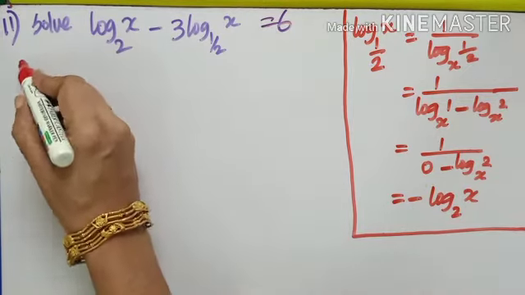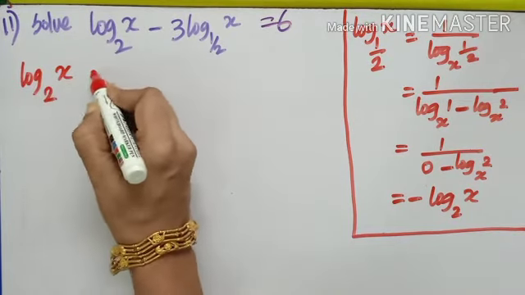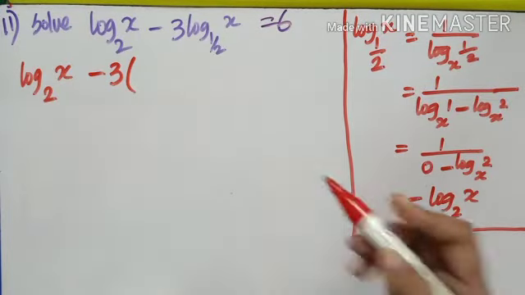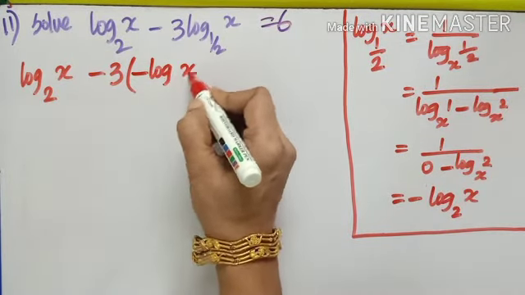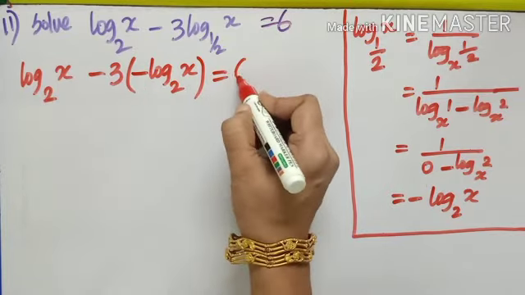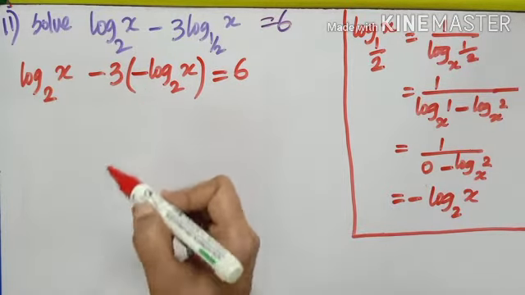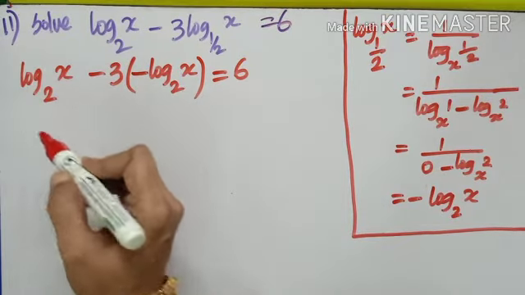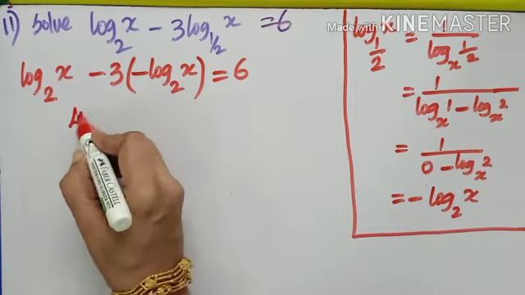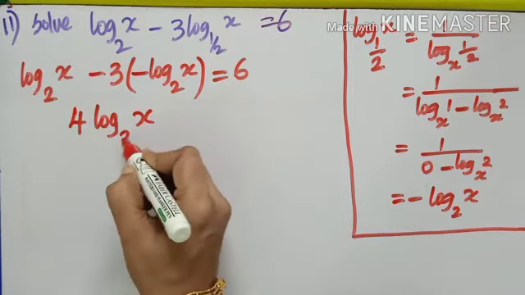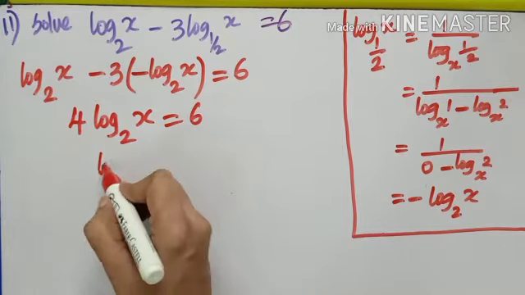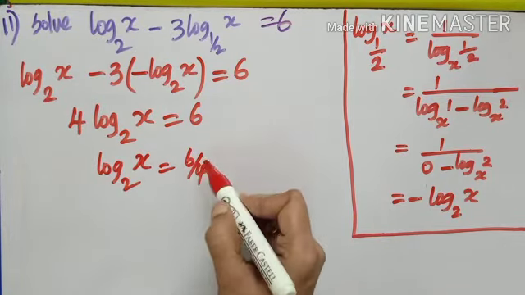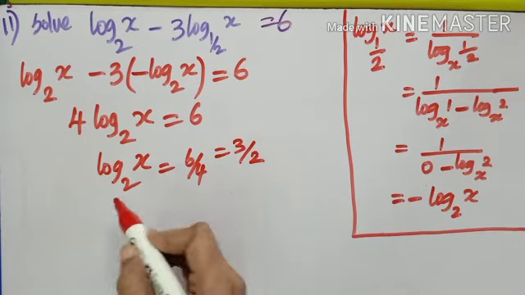Put it back in the question. Log x base 2 minus 3 into log x base half, which we have attained as minus log x base 2, equals 6. Minus and minus will get cancelled. 3 times log x base 2, and this is 1 time log x base 2 together. 4 log x base 2 equals 6, or log x base 2 equals 6 by 4, that is 3 by 2.